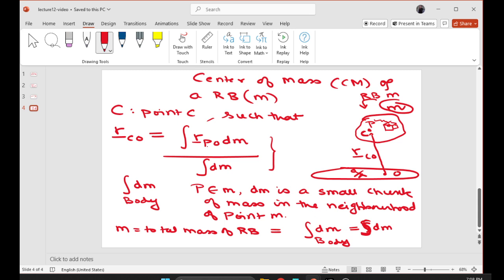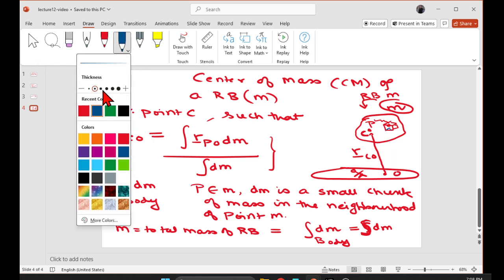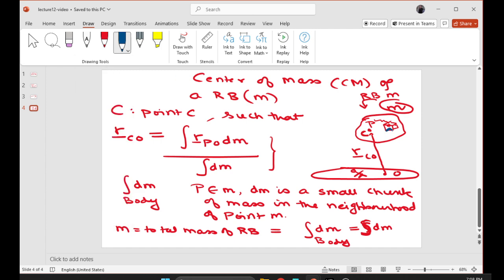If we go to the numerator now, what I have is the position vector r_PO, which is this vector on this diagram. This is r_PO, and then you multiply it with the small chunk of mass existing in the neighborhood of P and complete this integral again over the whole body.